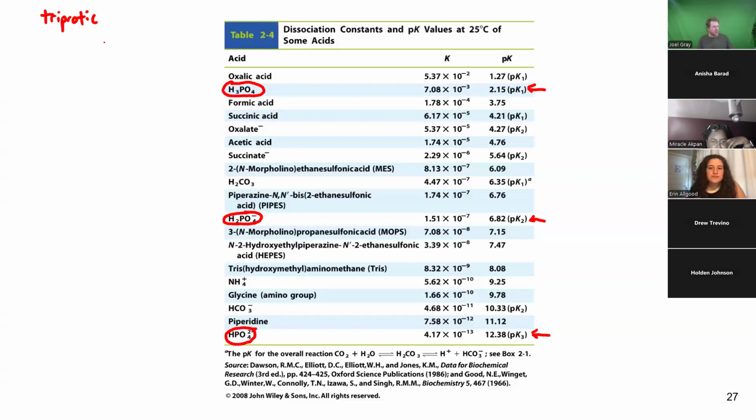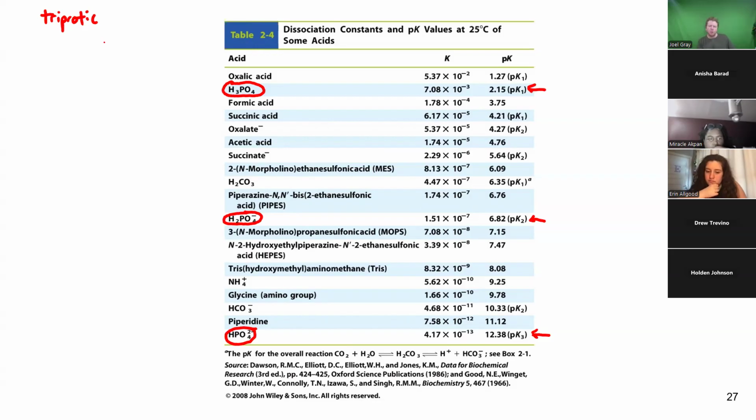On the list here, can anyone add to the chat a diprotic acid? So something with 2 ionizable protons. Close with the H. I was looking for the H2CO3.